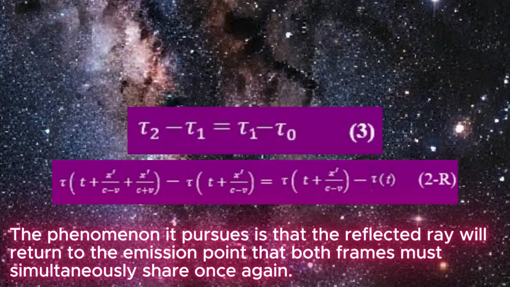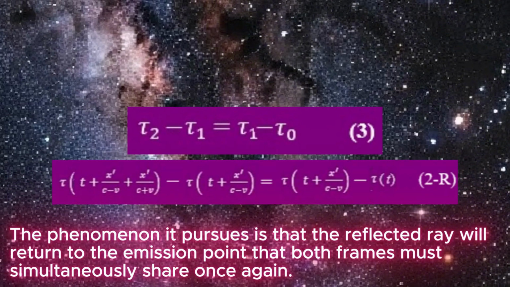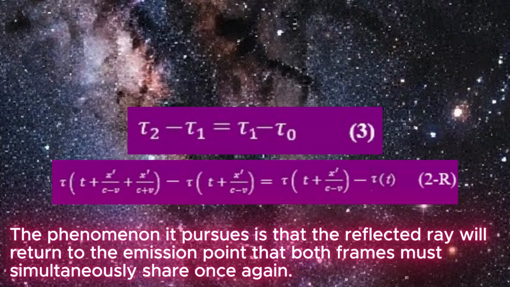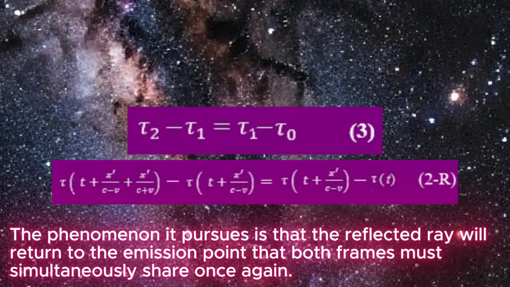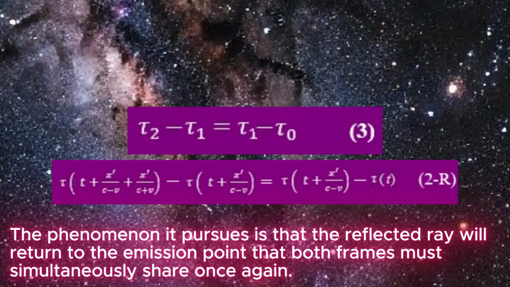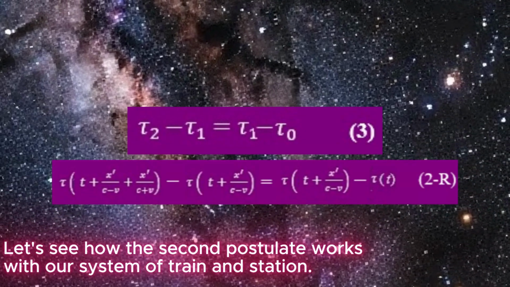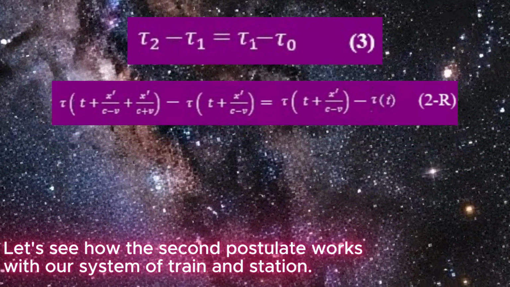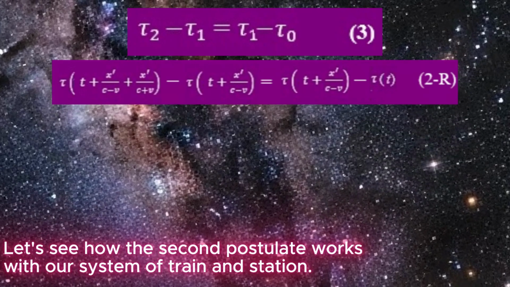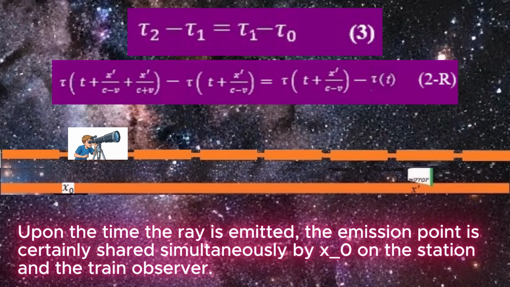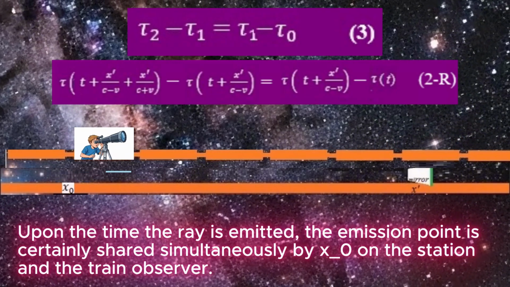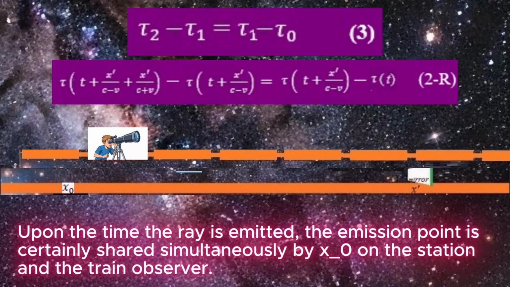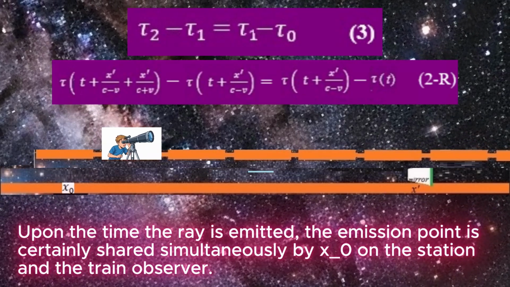The phenomenon it pursues is that the reflected ray will return to the emission point that both frames must simultaneously share once again. Let's see how the second postulate works with our system of train and station. Upon the time the ray is emitted, the emission point is certainly shared simultaneously by x0 on the station and the train observer.